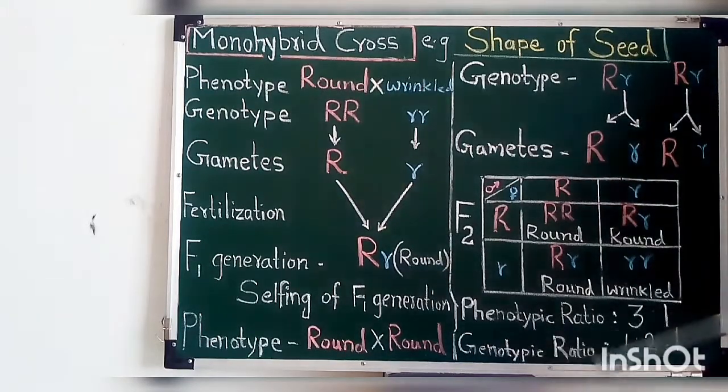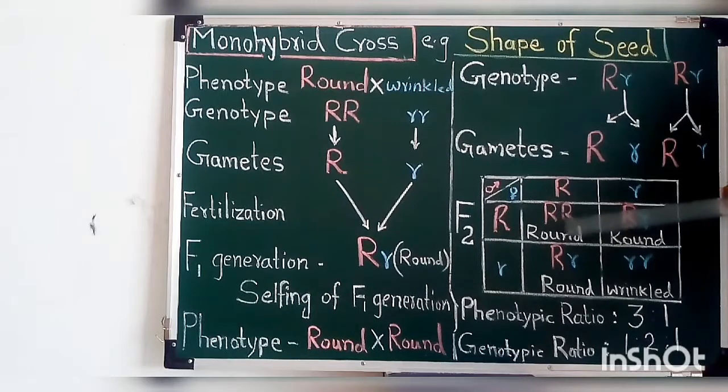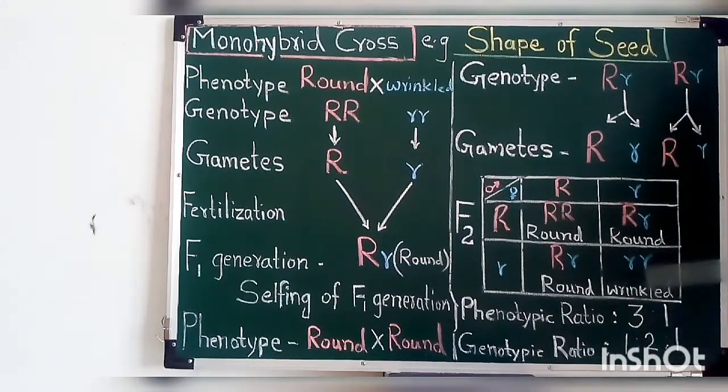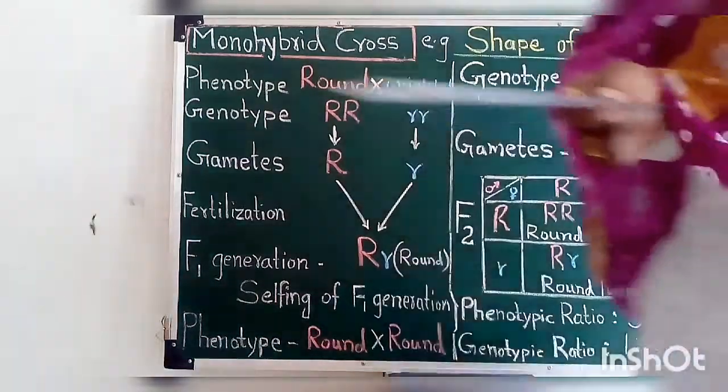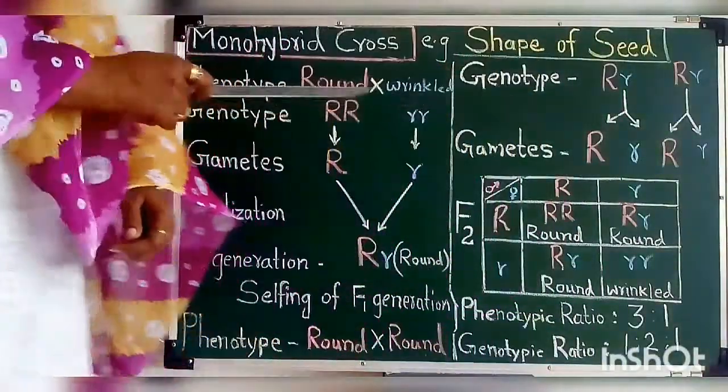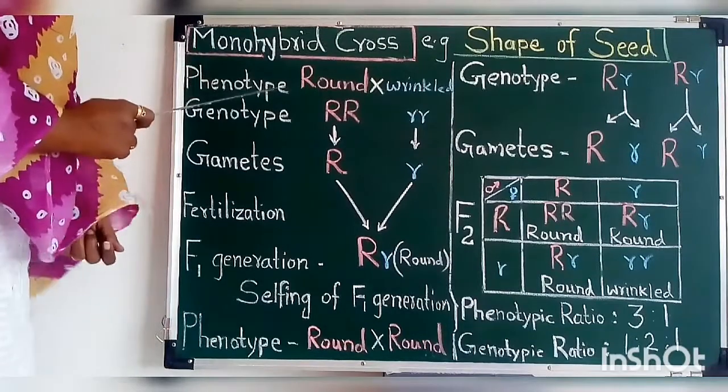For the genotypic ratio, capital R capital R occurred only once, hence the number 1. Capital R small r has occurred twice, hence the number 2. Small r small r has occurred once, hence the number 1. So these are the phenotypic and genotypic ratios for monohybrid cross.